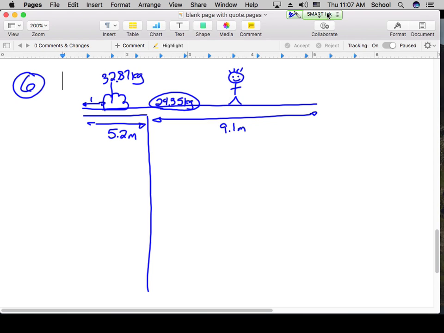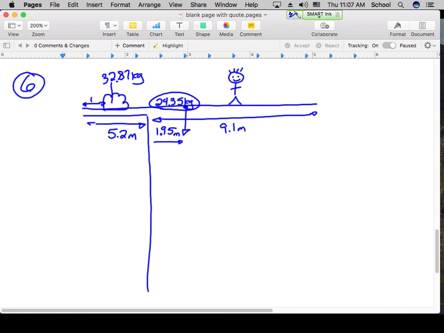So the weight of the board is going to be at the midpoint. So of that total distance, what is the midpoint? It's at 7.15. So if we have 7.15 as the midpoint of the board minus the 5.2 that's over here, 1.95, that means the weight of the board itself acts like it's pulling 1.95 meters from the pivot.